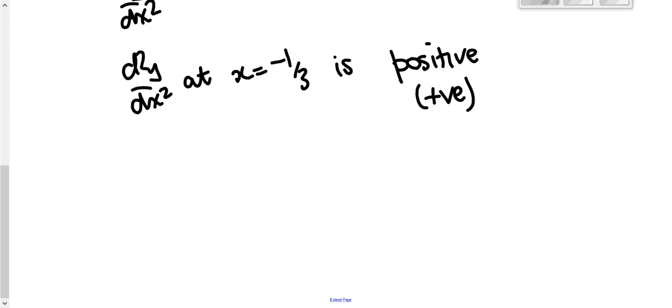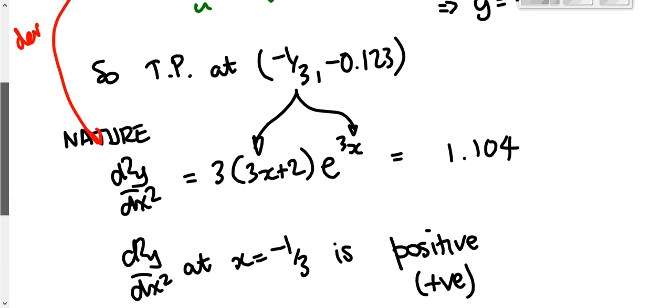So what does that mean? Well, in the last video, we established that a positive second derivative at a turning point means that this is a minimum turning point. So now I can rewrite this in summary.